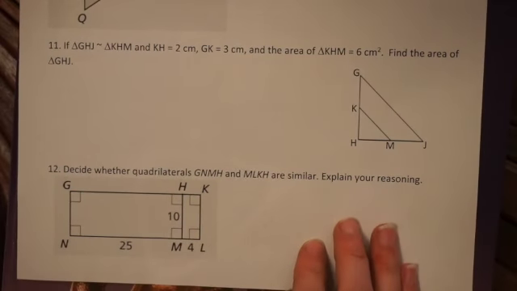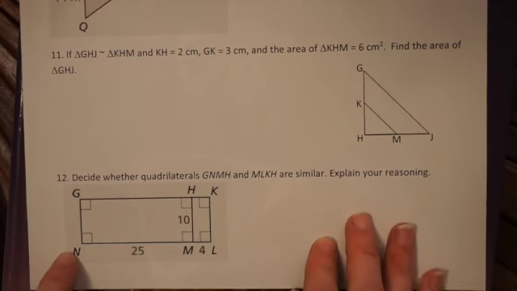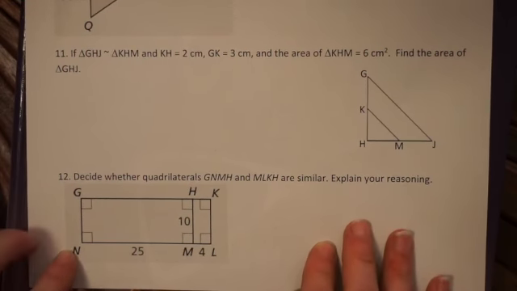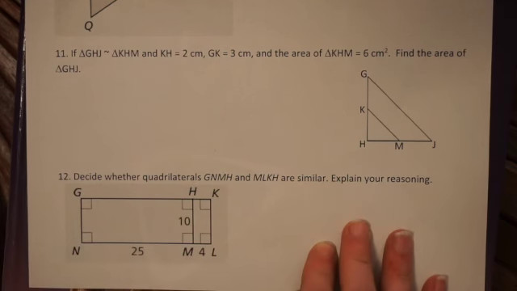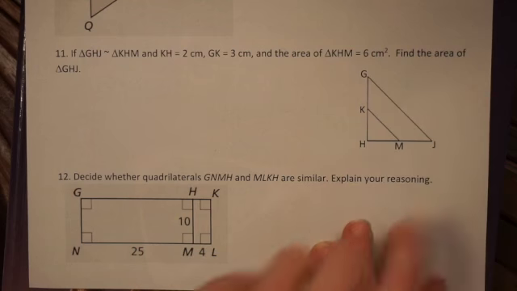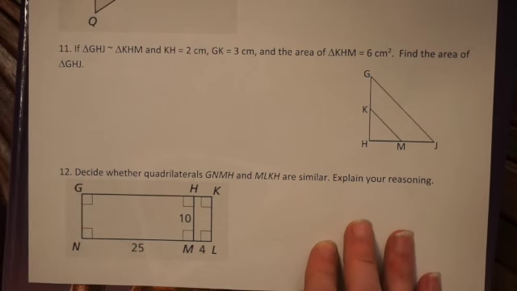Now I'd like for you to try 11 and 12 on your own. Just a hint, it might be helpful to separate your polygons, because I know they're together. So pause the video, try it on your own, and then come back with me to double check.